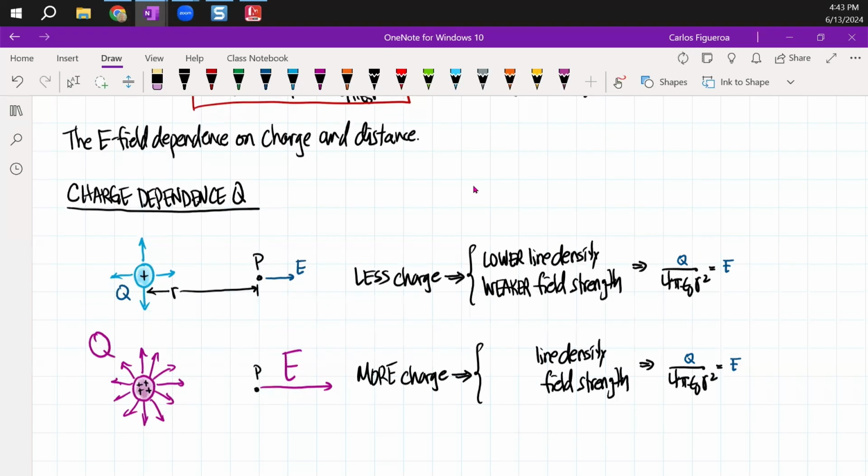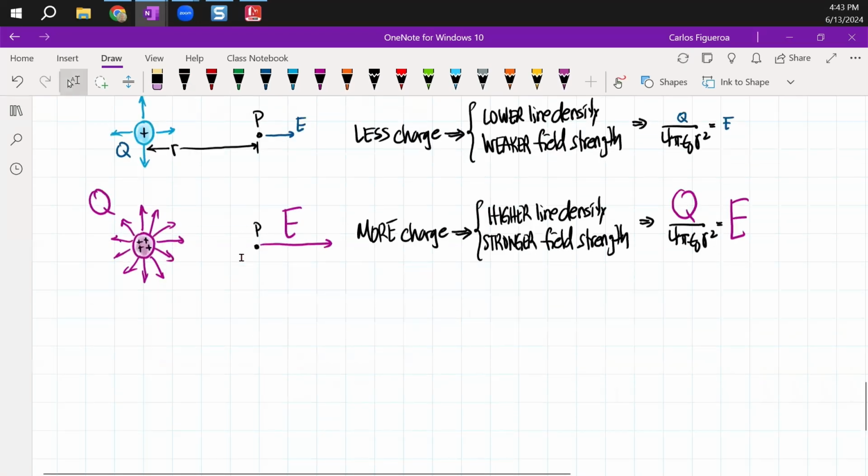I have a higher line density, and therefore I have a stronger field strength. And so if I come over here, then I clearly see that I had a bigger charge. So therefore, my field strength has to be larger. That's what I mean about the charge dependence.